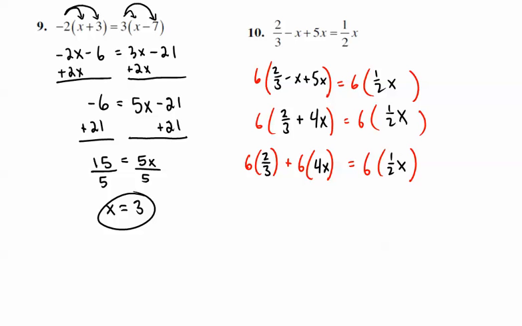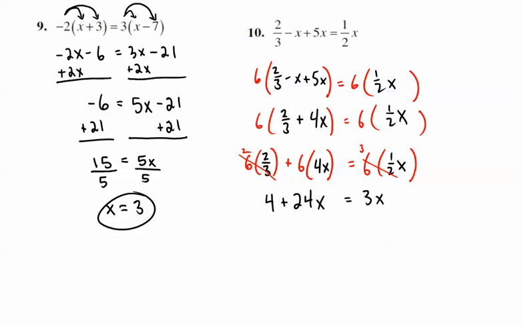So 6 times 2/3, if you notice, we have 6/3, which is 2. 2 times 2 is 4. Then 6 times 4x, that's 24x. And on the other side, we have 6 divided by 2, which is 3. 3 times 1 is 3, and that leaves 3x on the other side.